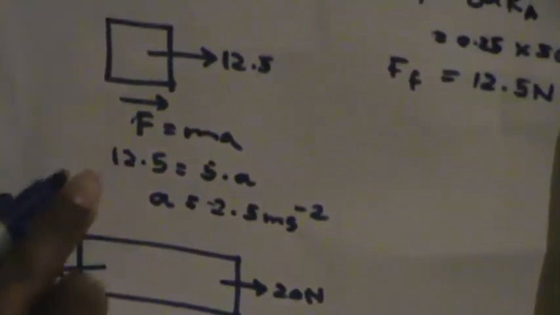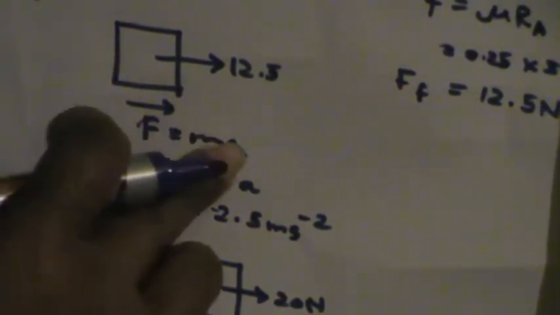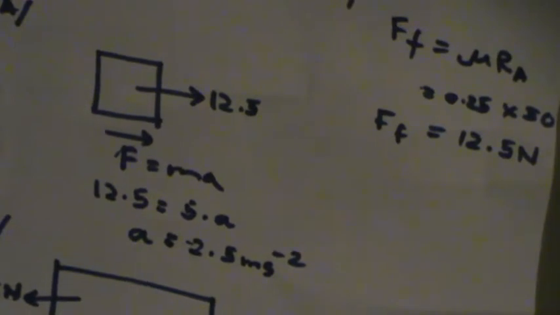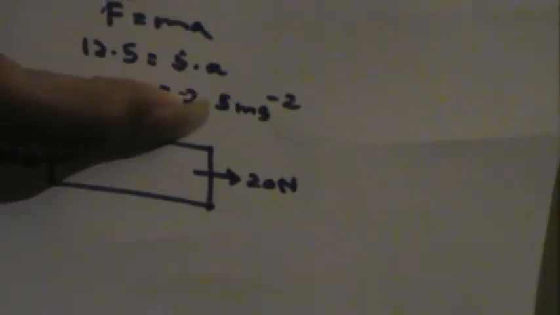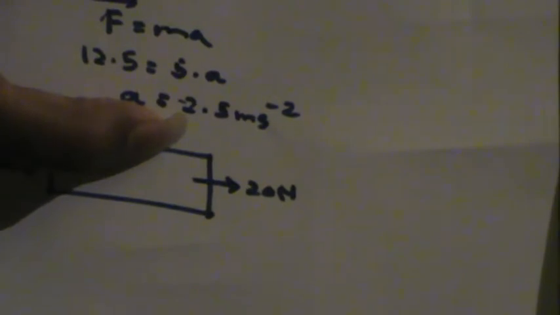But the only thing is, since you calculate the value of F equals ma, F is not an applied force, F is a frictional force. So you calculate the acceleration of A due to the frictional force that is applied on A. When you select A, only frictional force was acting on A. There was no applied force on A. So due to the frictional force, A got an acceleration of 2.5 meters per square second.